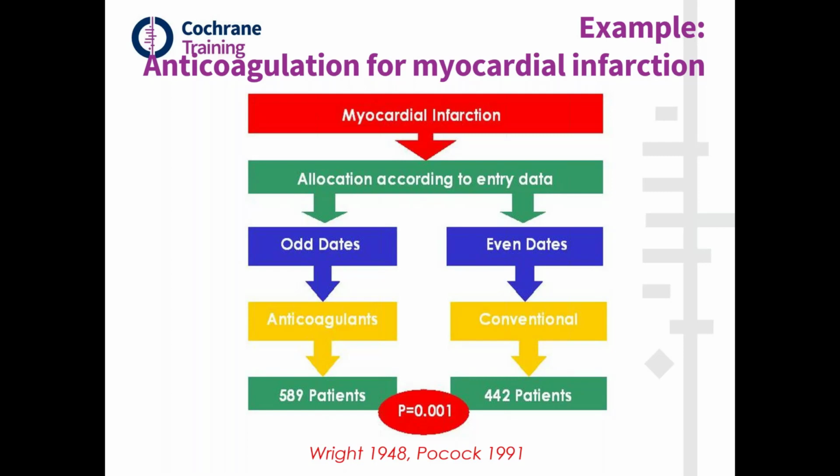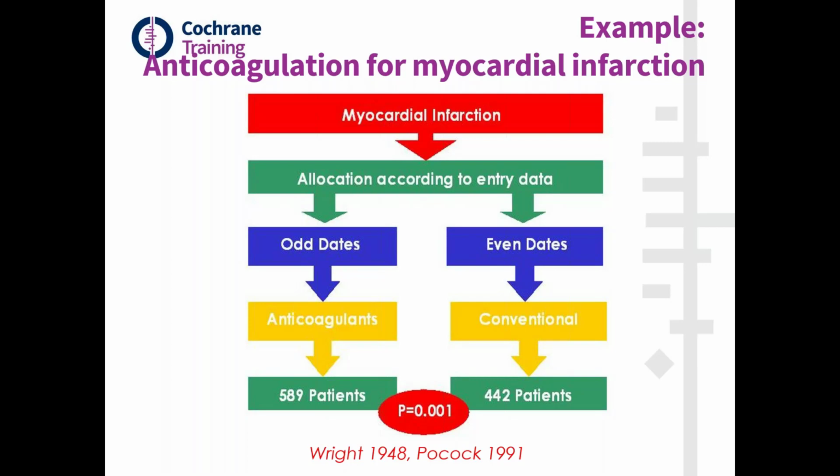Those admitted on odd days received the new treatment, the anticoagulant, and those admitted on even days got the conventional treatment. And the desired allocation ratio was 1:1.